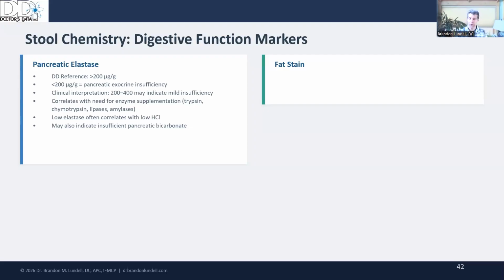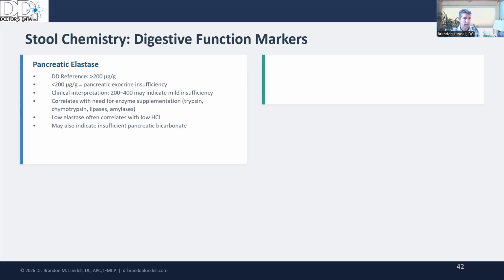So this stool chemistry gives you an idea of where the imbalance is that's driving SIBO or dysbiosis in the first place. The pancreatic elastase is one of my favorites because it was actually developed by the Mayo Clinic first, and it's a gold standard for looking at pancreatic exocrine function, not insulin endocrine function, but whether it's actually secreting enough trypsin, chymotrypsin, lipases, amylases, and bicarbonates.